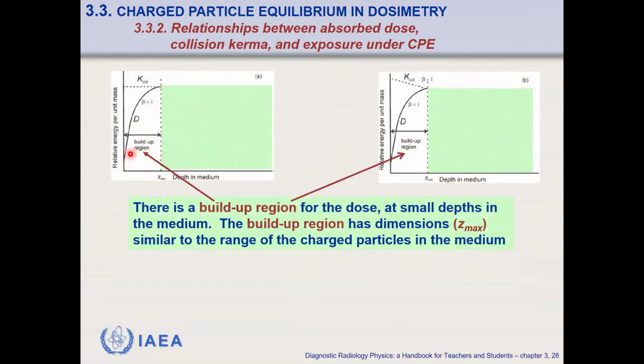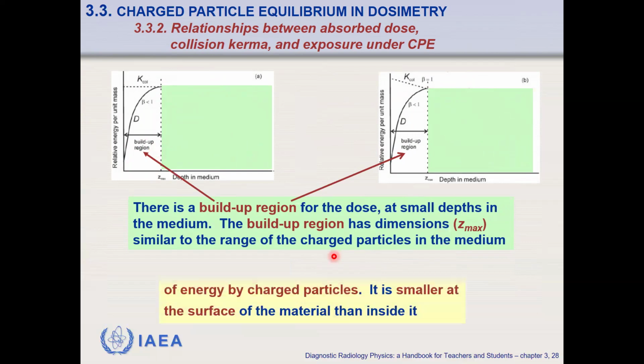So this is the build-up region. In this region before Z max, before we reach Z max, we have the build-up region for the dose at small depth in the medium. The build-up region has dimensions similar to the range of the charged particles in the medium. The absorbed dose D depends on the deposition of energy by charged particles.